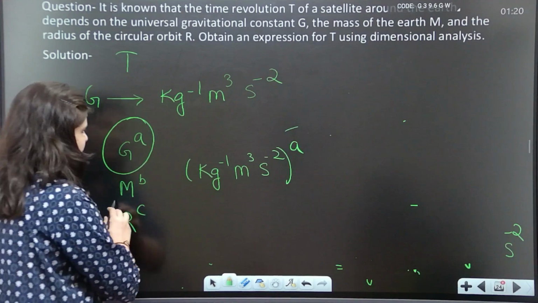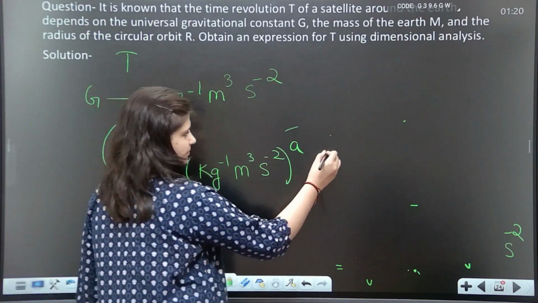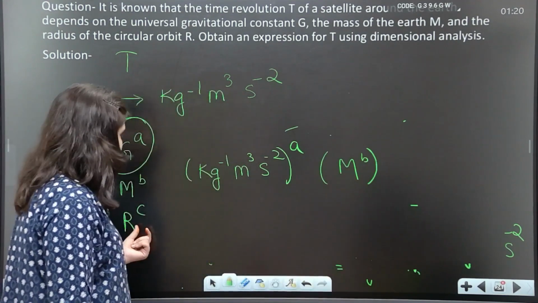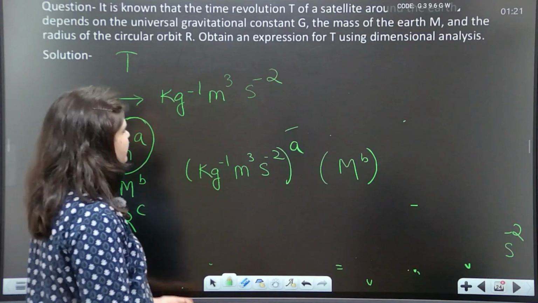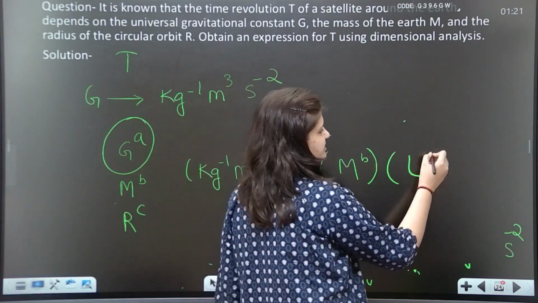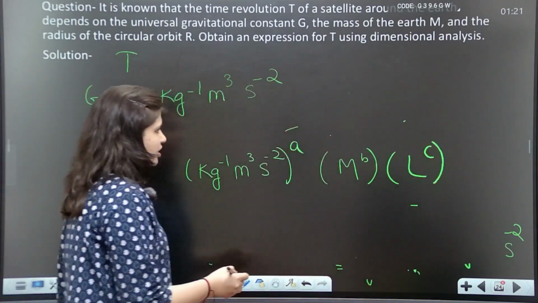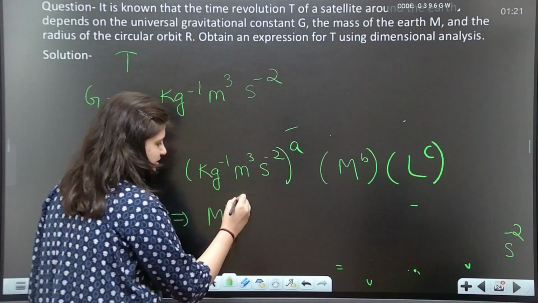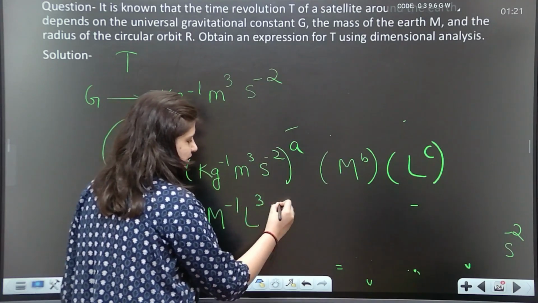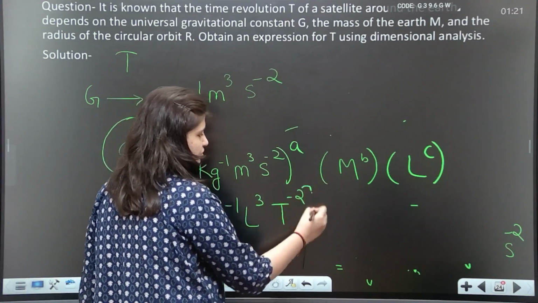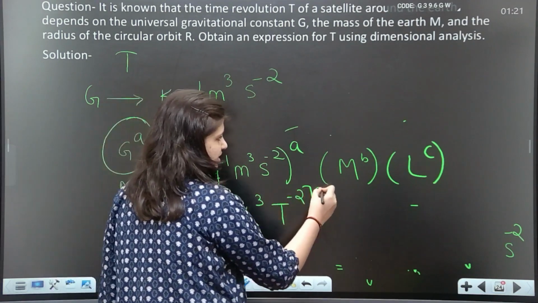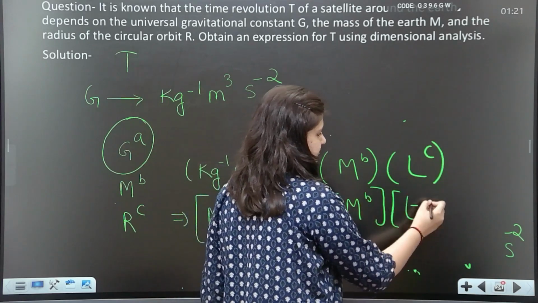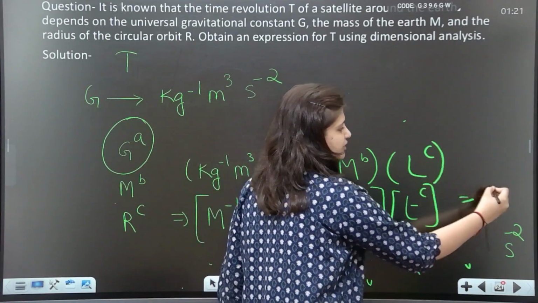Now it is m to the power b, and for the radius of the earth we have length to the power c. So we have m to the power minus 1 L to the power 3 time to the power minus 2, all to the power a, times m to the power b, times L to the power c, equal to t.